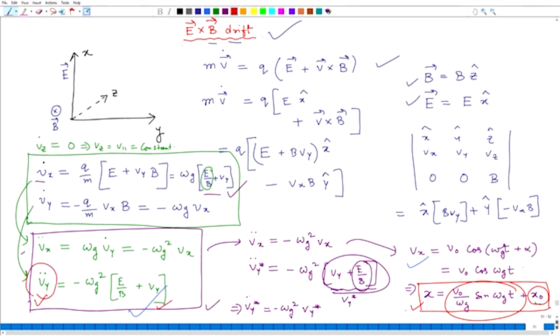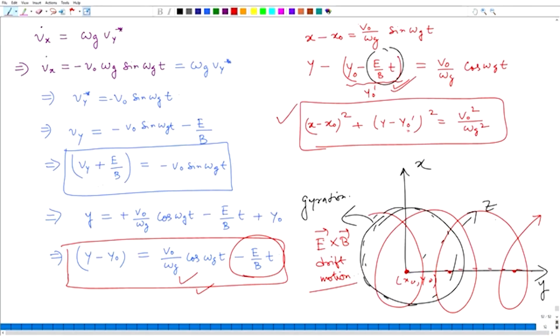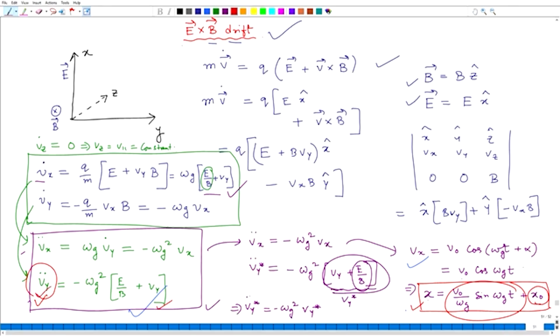So, this Vy double dot, you will see that there is a term which is E by B. Okay. So, this E by B is the extra term which comes as a special velocity type of thing in this y component of the velocity.